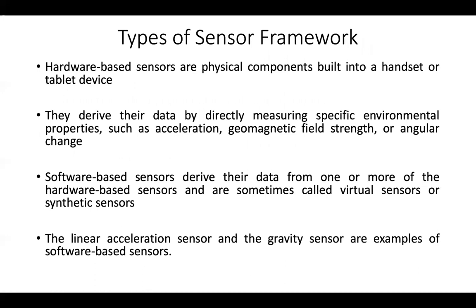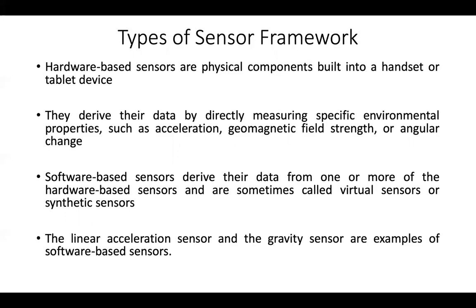Now, what are the different types of sensors in the framework? The Android sensor framework allows us to access many types of sensors. Some are hardware-based and some are software-based. Hardware-based sensors are physical components built into a handset or tablet device.